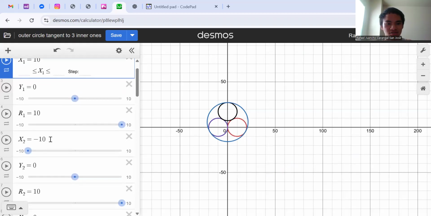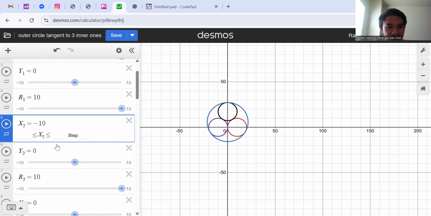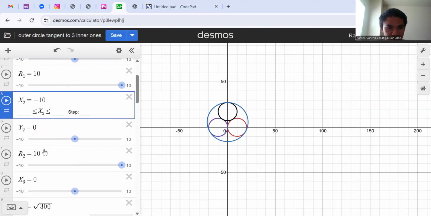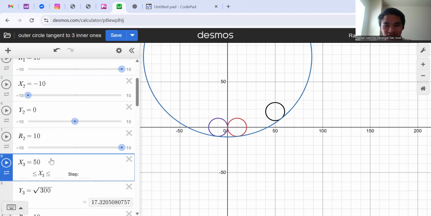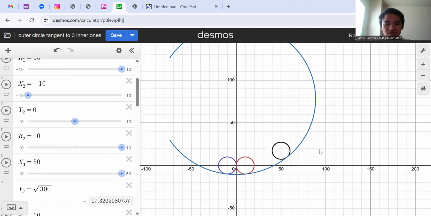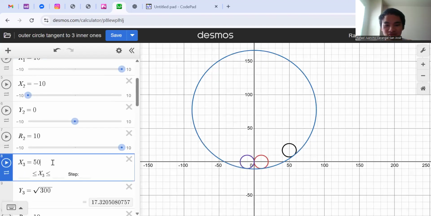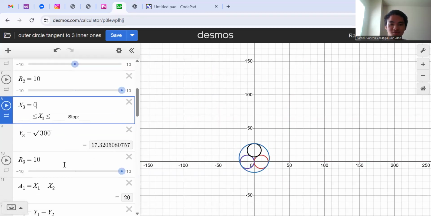What else? What if I make this a positive? Well, now it doesn't work, right? So it means there's no solution. If I make this like 5, well, now it overlaps. Make it 50. All that still works. So those are the assumptions.